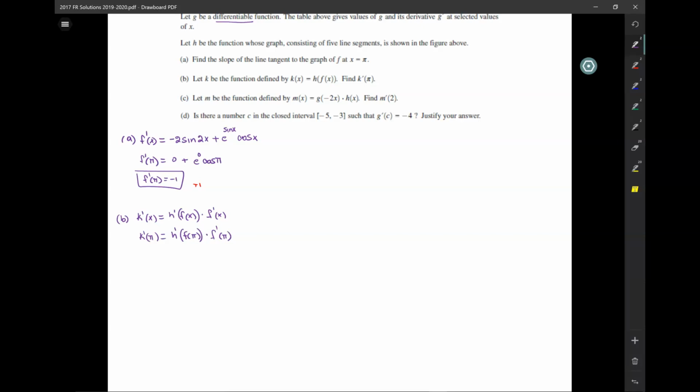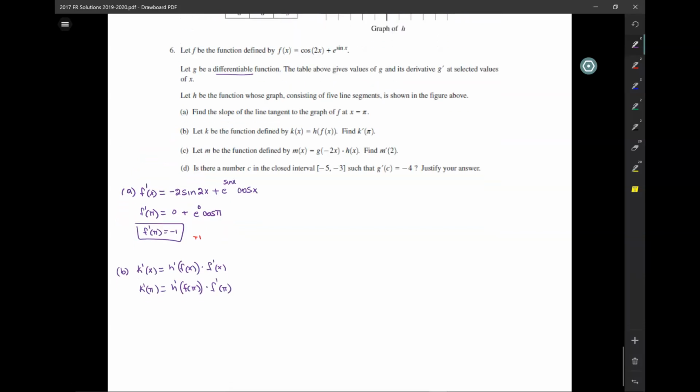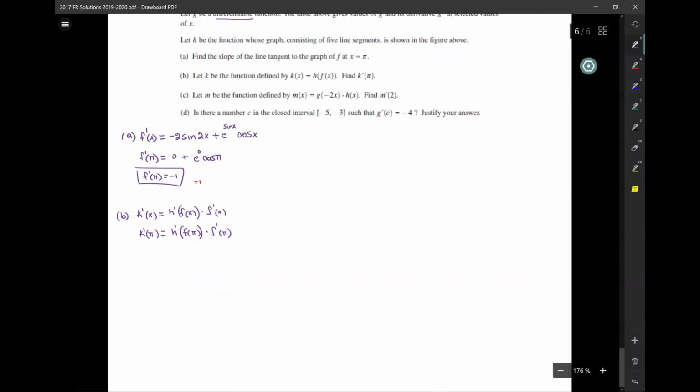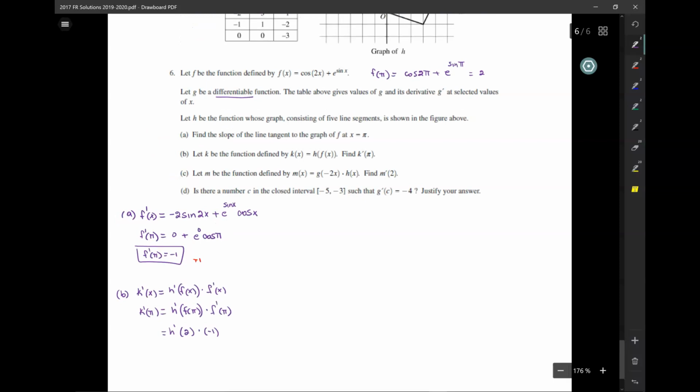And then what's f of pi? I'll do it up here. F of pi is cosine 2 pi plus e to the sine pi. Well, that's e to the 0, that's 1. And what's cosine 2 pi? 1, so that's 2. Right? So this is going to be h prime of 2 times negative 1.